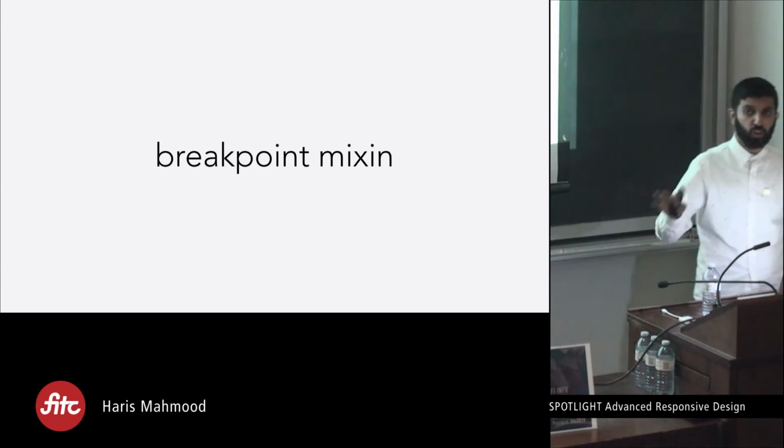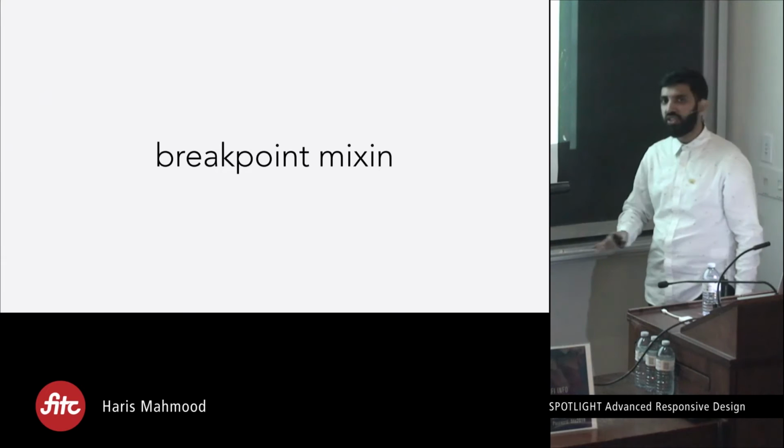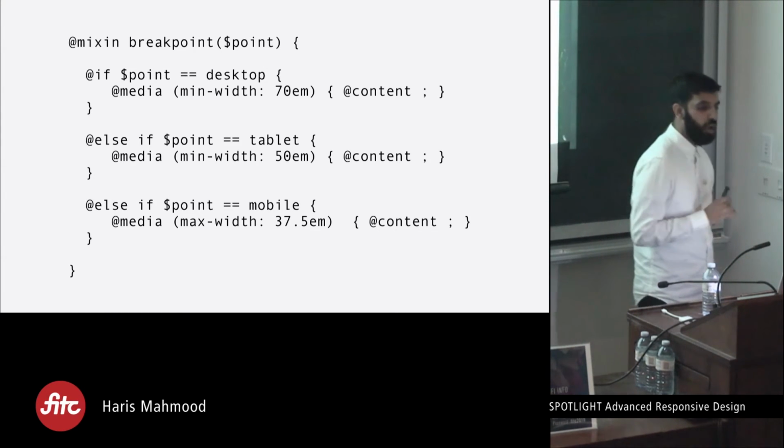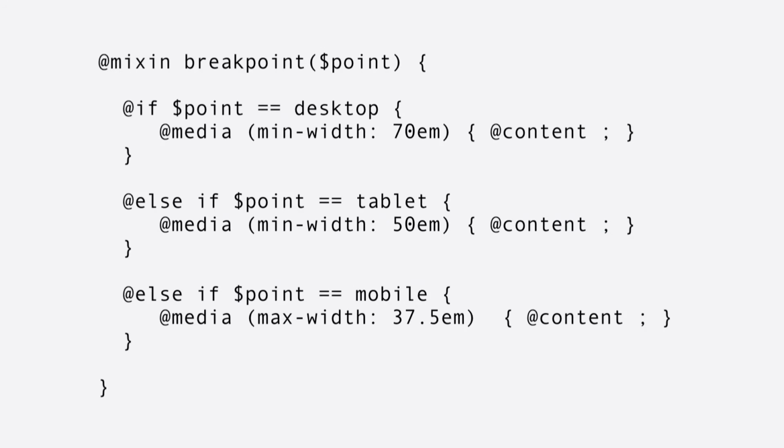You can tailor one to your needs, your preferences, your coding style, but in general, it'll look something like this, where you create a breakpoint that allows you to pass in a variable for point, and we'll see an example of how that would work. If the variable that you've passed in is desktop, it'll take all of the content that you applied, generate a media query at the desktop size, and drop your content inside that. Or tablet, or mobile, and you can add a whole bunch of additional variables for your various breakpoints.